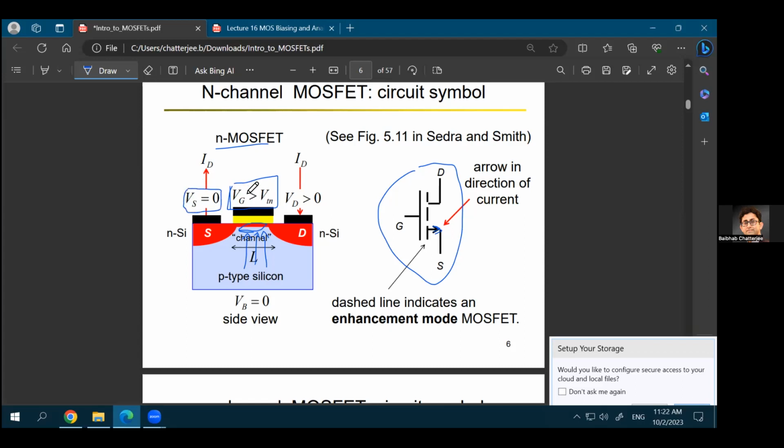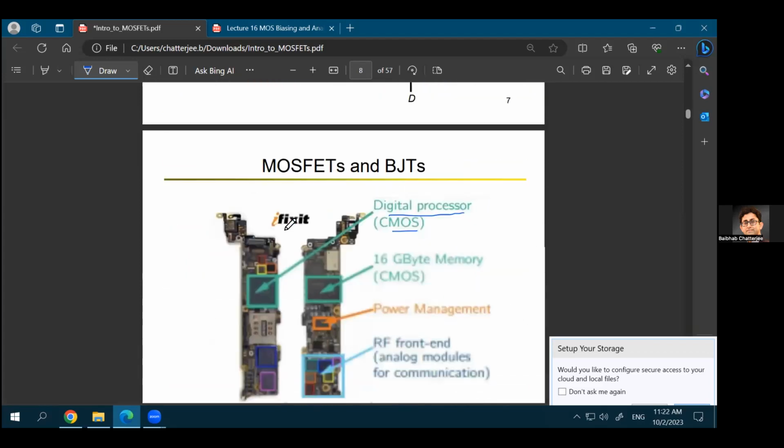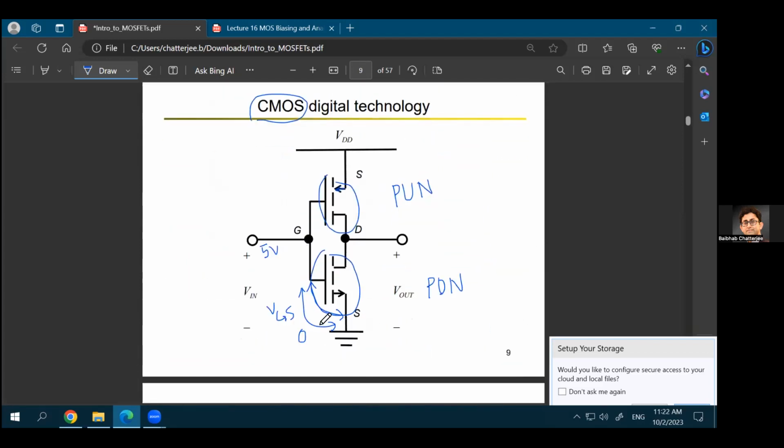So basically your VGS is more than some threshold voltage. In that case, you attract electrons from the bulk and you eventually form the channel. You also attract electrons from the source and drain regions to form the channel. So as you apply a positive voltage, you form a channel, and only then can the current flow. The device can turn on.